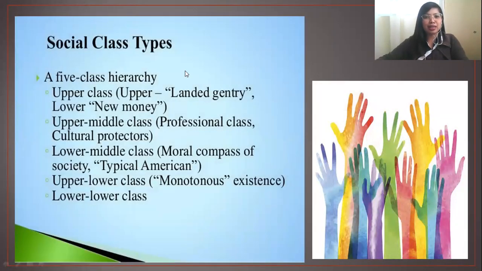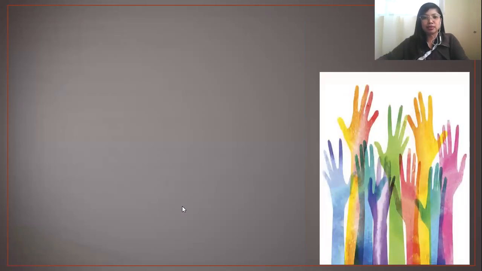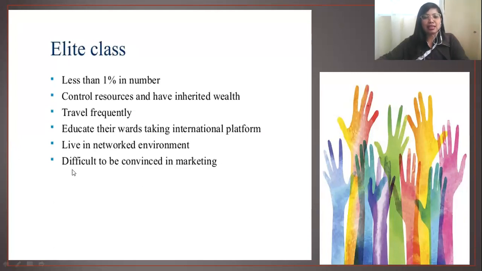For the social class types, we have a five-class hierarchy: the upper class, the upper middle class, the lower middle class, the upper lower class, and the lower class. The elite class is less than 1% in number, controls resources, and has inherited wealth. They travel frequently, are educated with an international outlook, live in networked environments, and are difficult to convince in marketing.